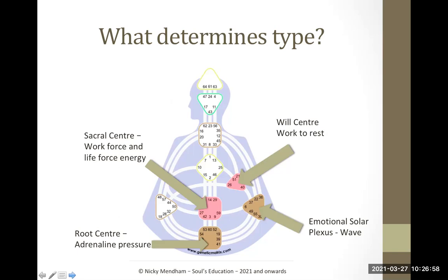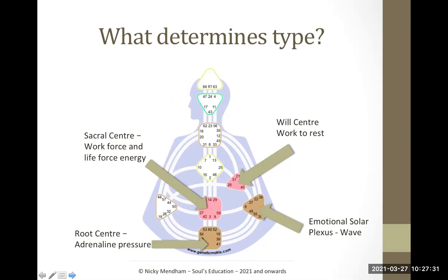This is your material plane center. It builds up money like a storage bank, through work, in order to then be able to rest. It needs periods of rest. So there are cycles within this, and the same with the emotional center. That also has what we call a wave. So it has a wave of emotion depending on the definition of your emotional solar plexus energy.